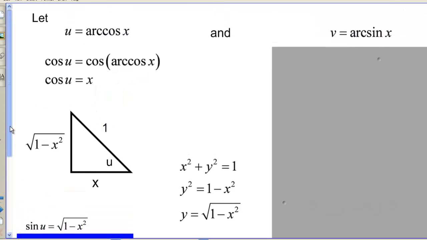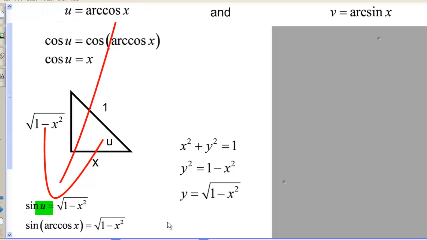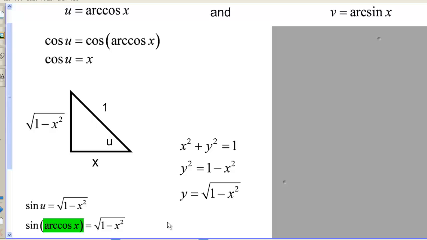But we defined u at the very beginning to be the arc cosine of x. So if I substitute that in for u, I get that the sine of the arc cosine of x equals the square root of 1 minus x squared. And we will substitute that value into the difference of that cosine expression we had on the previous slide.